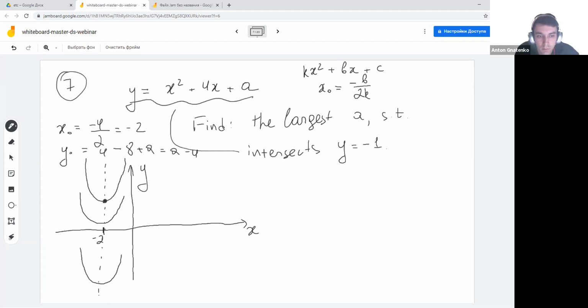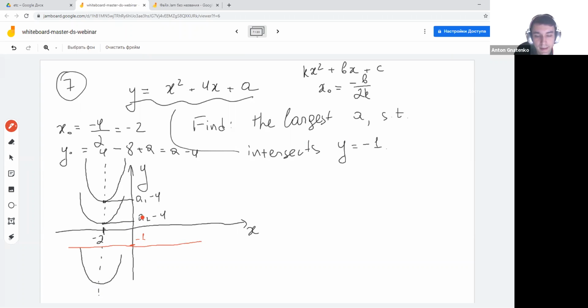For some a, it will be here. For some a, it will be here. So if we have some a1 minus 4, then a2 minus 4, and so on. The line that we are interested in is y equals minus 1. This line goes here.